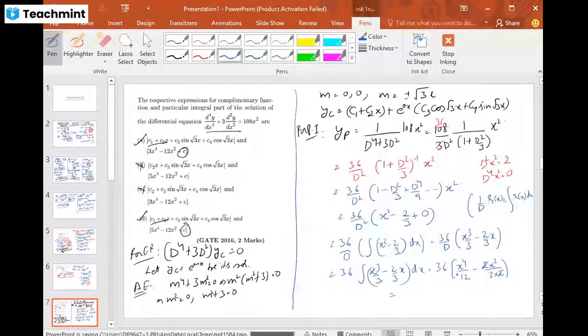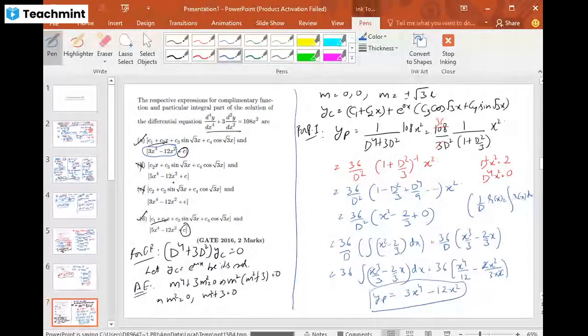So if you multiply 36, it is 3x power 4 minus 12x square. So this is your particular integral, 3x power 4 minus 12x square.